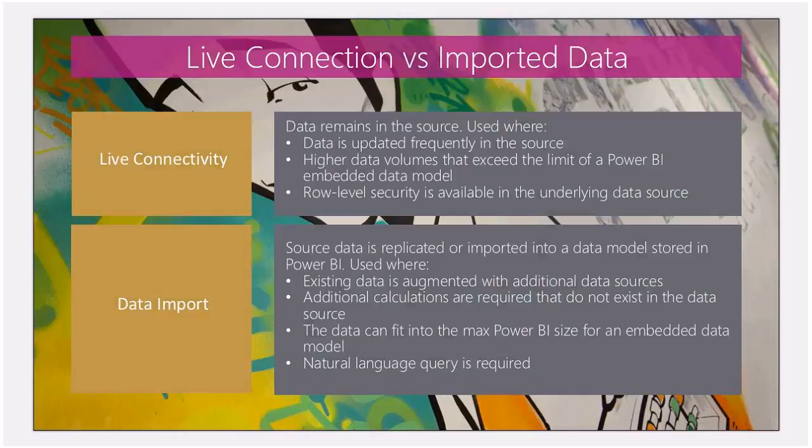Higher data volumes: if you're exceeding the limit of the Power BI free, then you'd need to buy a Pro license. Also, within live connectivity, you are able to use the row-level security feature in Power BI.